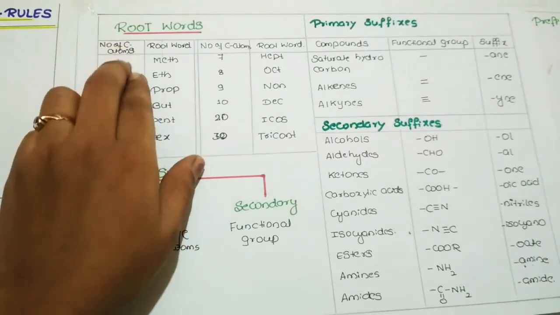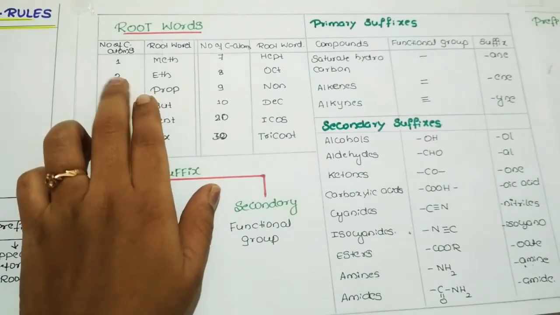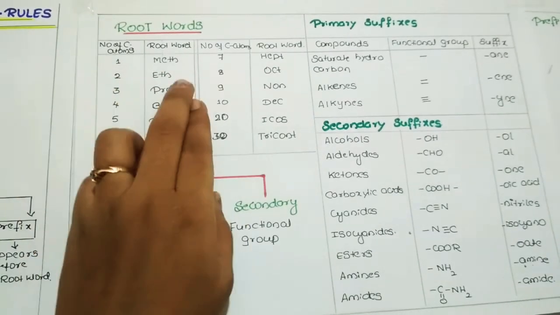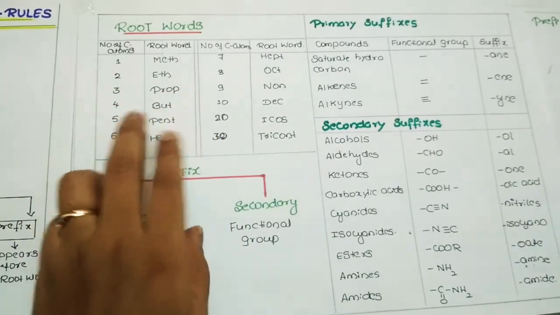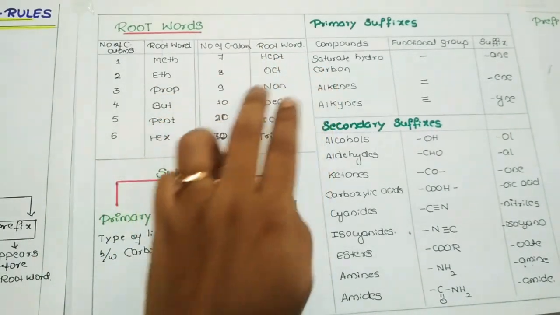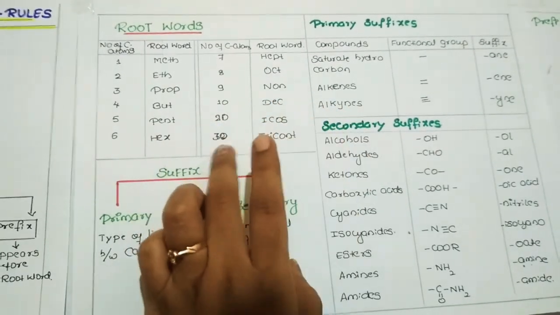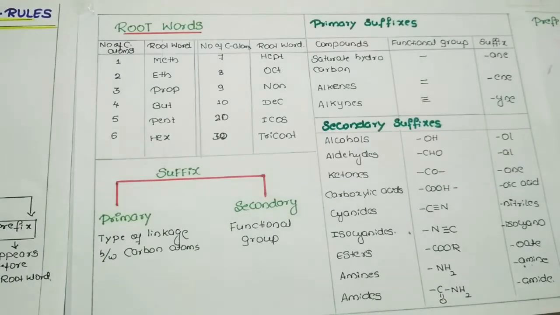If the number of carbon atoms is 1, it is called meth. 2 is eth, 3 is prop, 4 is but, 5 pent, 6 hex, 7 hept, 8 oct, 9 non, 10 dec, 20 icos, 30 tricon. At least up to 10 you should remember. If you practice once or twice or thrice, it will come to your mind very easily. So these are the root words.